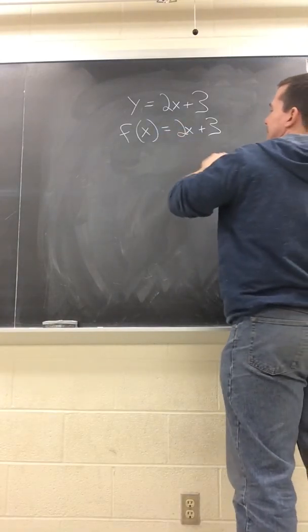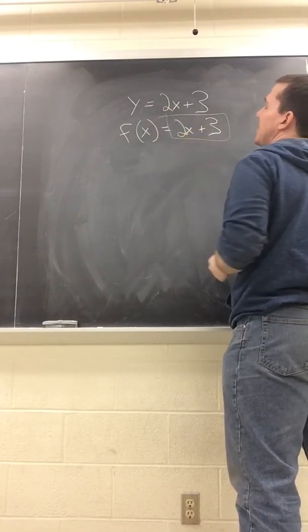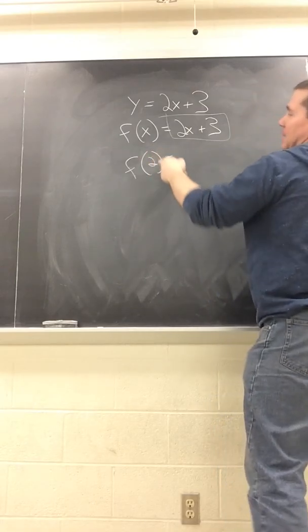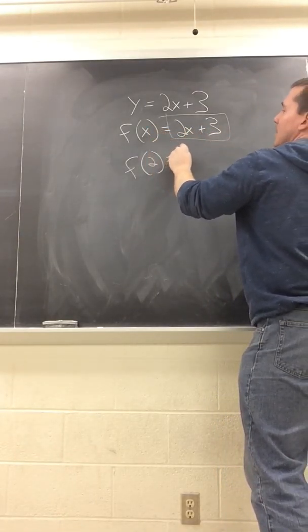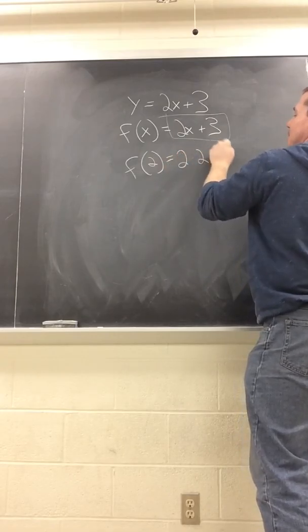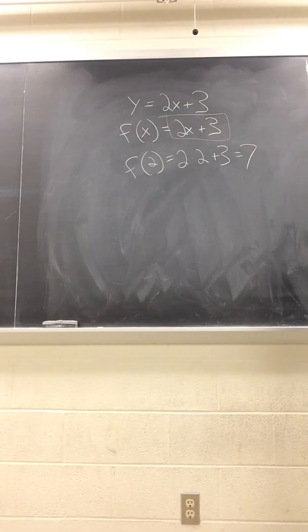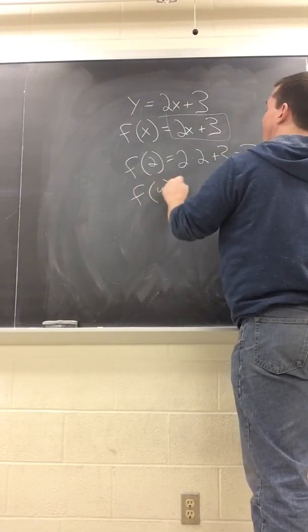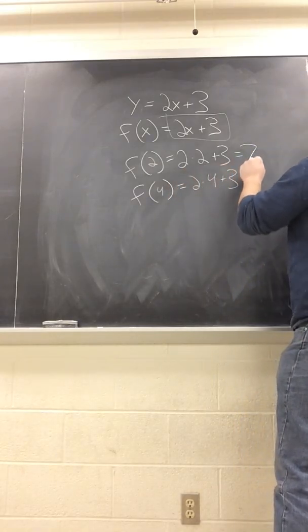And all it really means is I have this equation right here, this function right here, with a variable x. And if I then write something like f of 2, it means take this function f of x and replace the x with 2. So we get 2 times 2 plus 3, which is 7. Just to make sure we're clear on this, really quickly, if I want f of 4, I get 2 times 4 plus 3, which is 11.